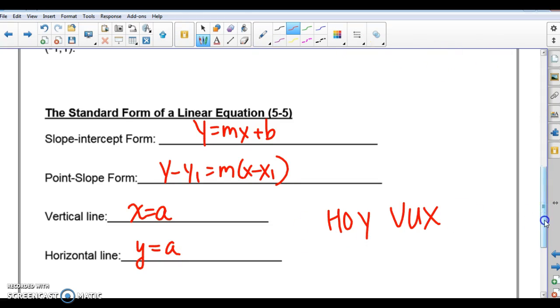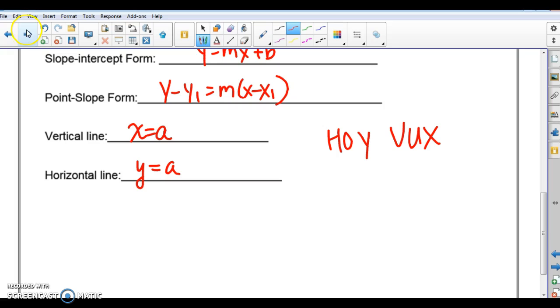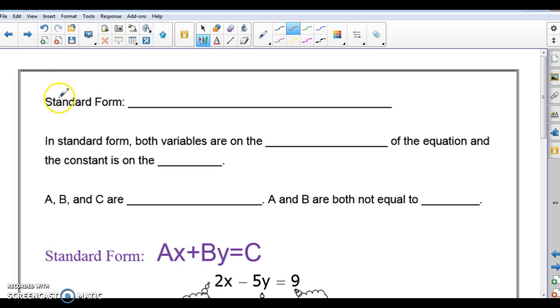Okay. Now, what is the standard form? We briefly talked about it a few weeks ago, but standard form is ax plus by equals c. In standard form, both variables are on the left side of the equation, and the constant is on the right side.